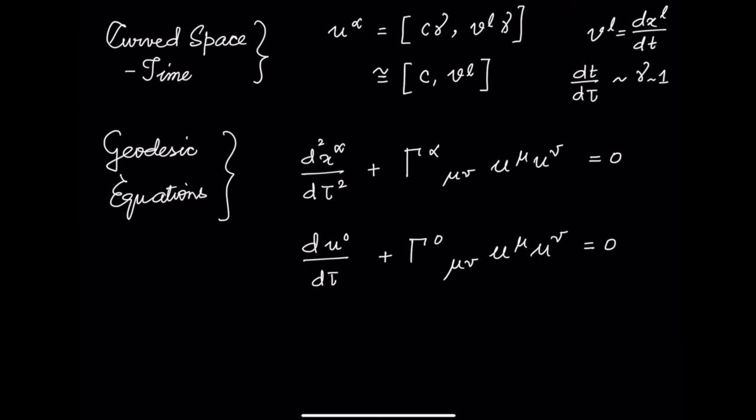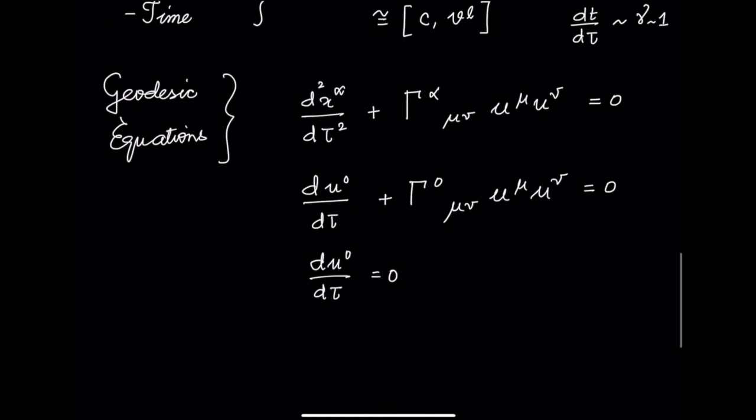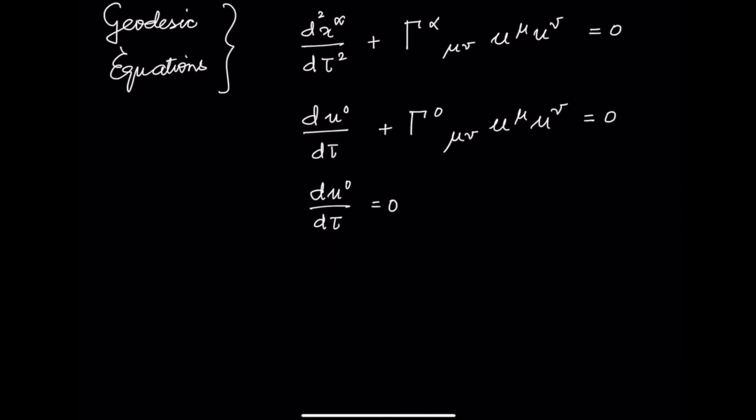But you see that u0, being only c to the first approximation, doesn't change with anything. So this I can simply write as du0 d tau equals 0. The right hand side has to be 0. This gamma thing has to be 0 for this to be satisfied. What about the spatial components? So this is the time part.